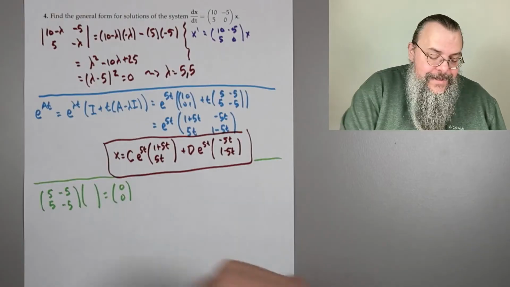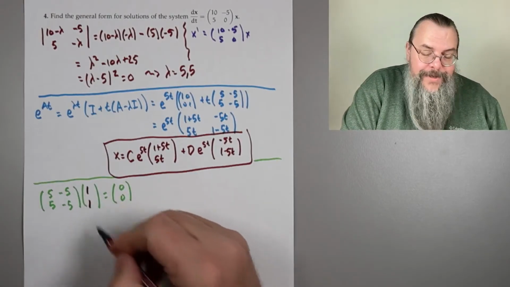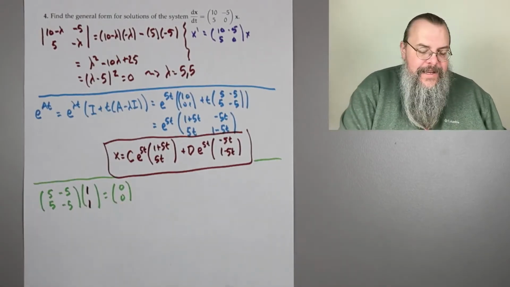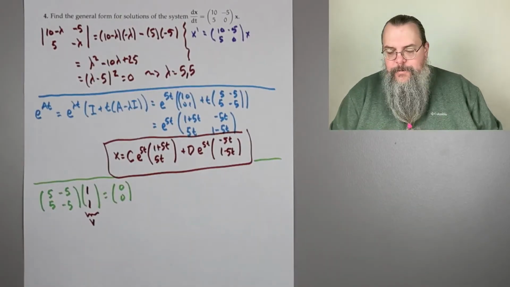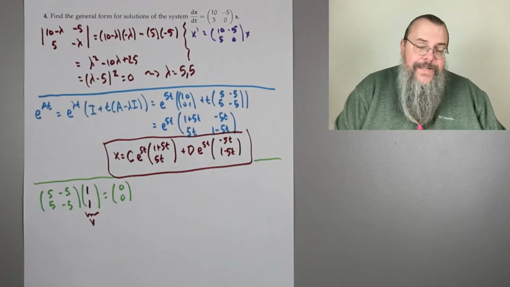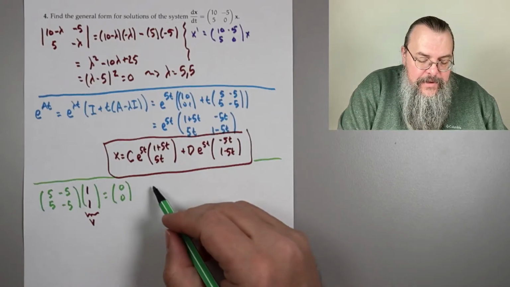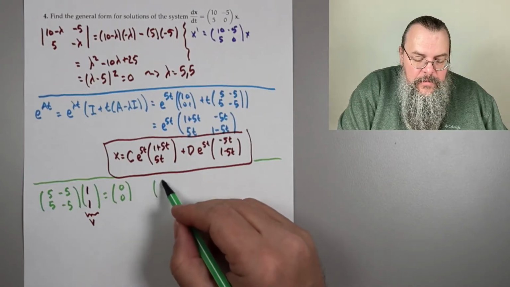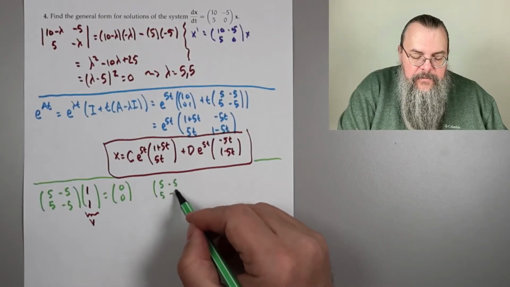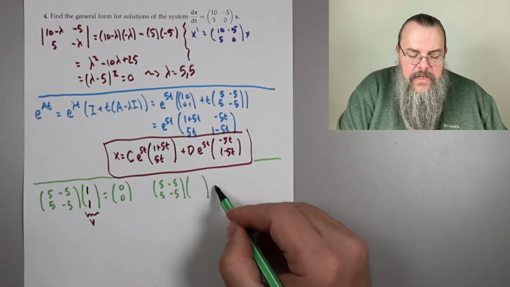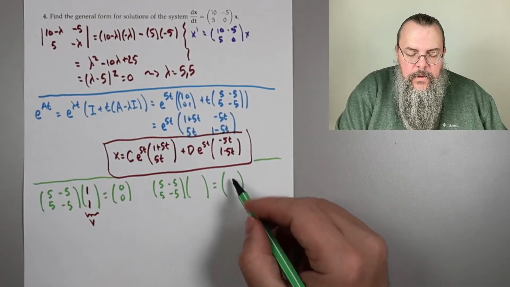Well, yeah. 1, 1. We can spot that. Now this is our eigenvector, v. Okay, so we're going to write that. Now, once we have that, next part we say is, okay, similar thing. A minus lambda I, 5 minus 5, 5 minus 5, times something equals 1, 1.